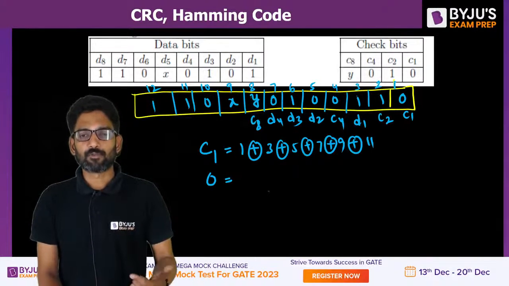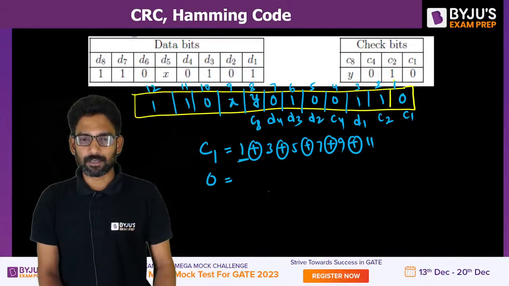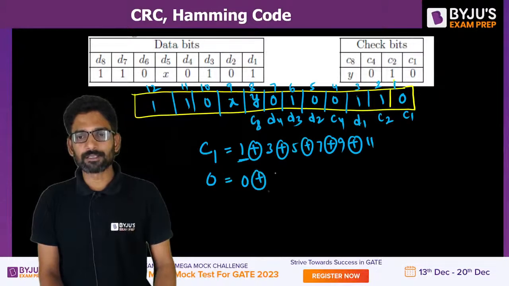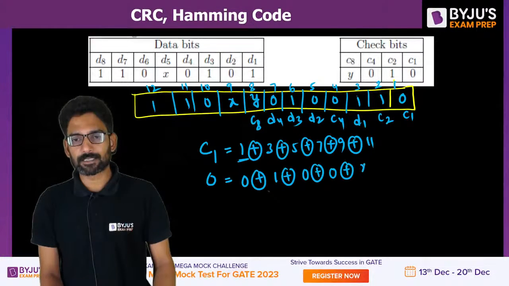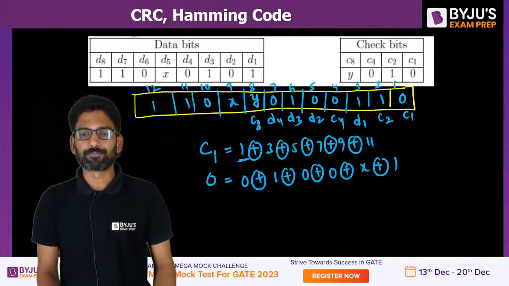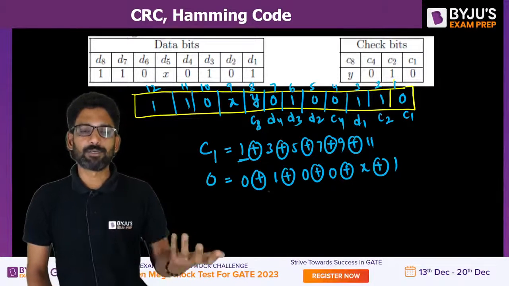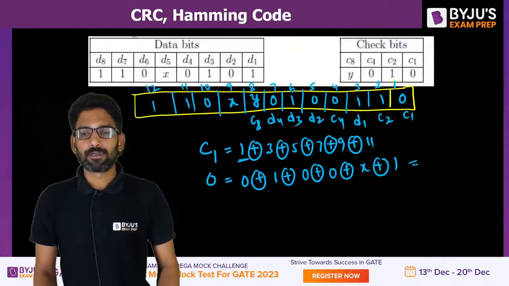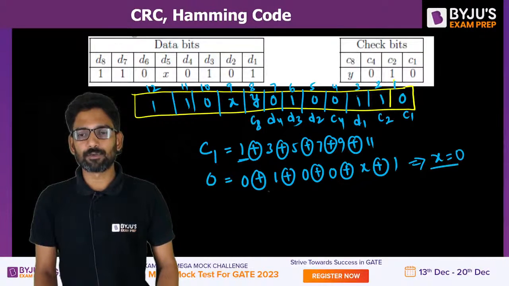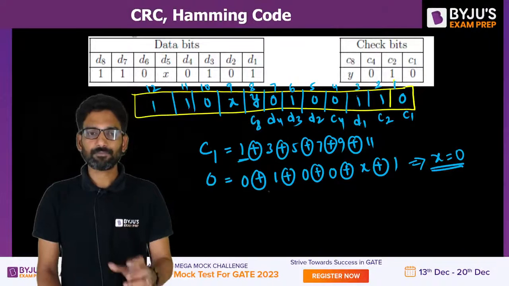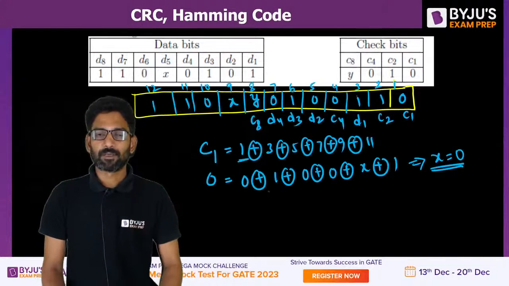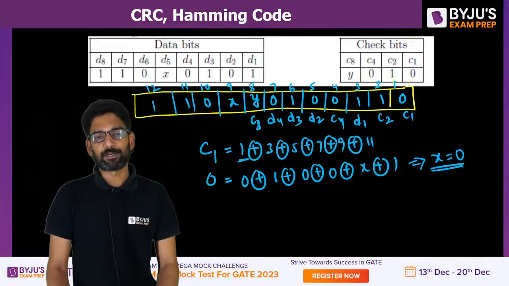That means the first position we exclude, 3 is 1, 5 is 0, 7 is 0, 9th position is X, 11th position is 1. So, X must be 0 for the result to be 0. When X is equal to 0, then only you will get the check bit as 0. So, we got X. Now, Y we want to find out.